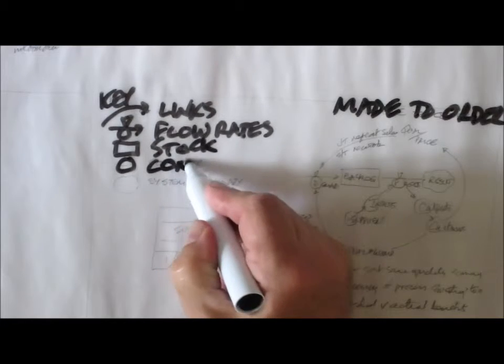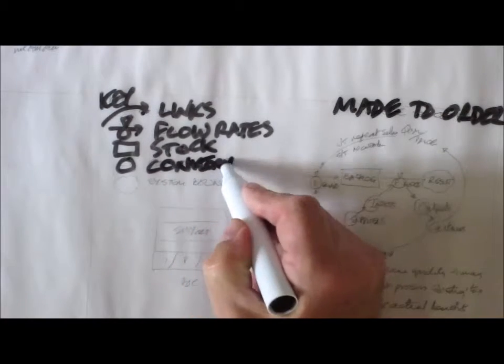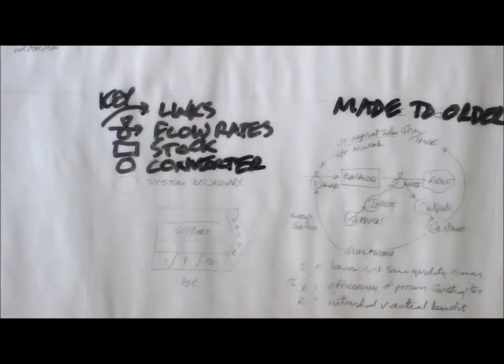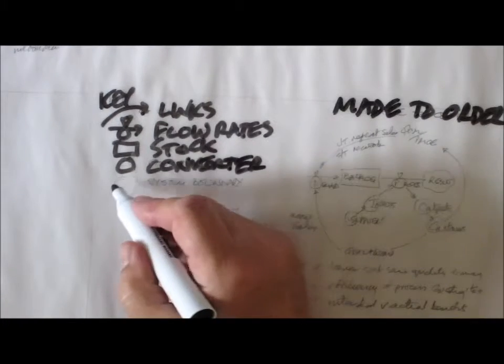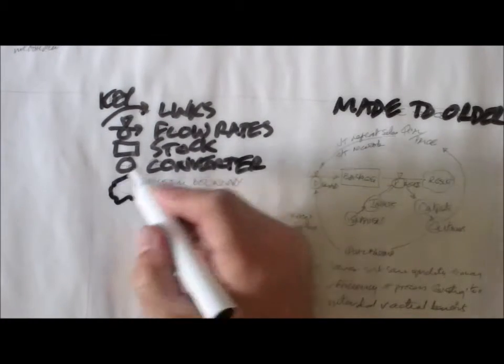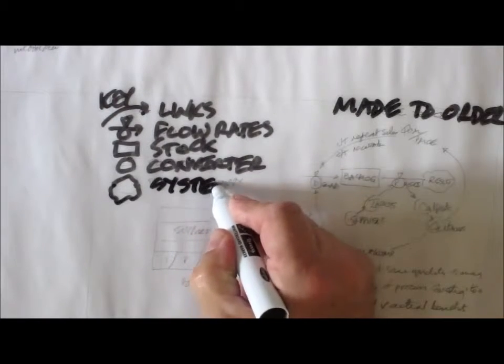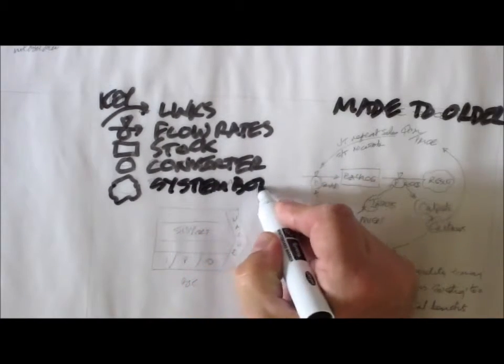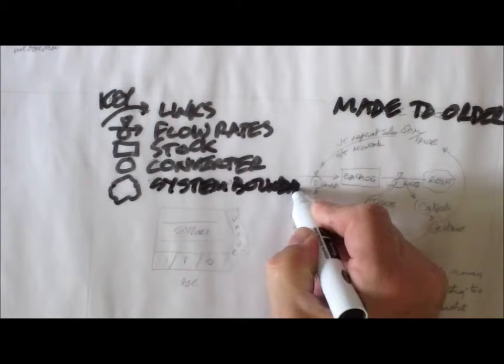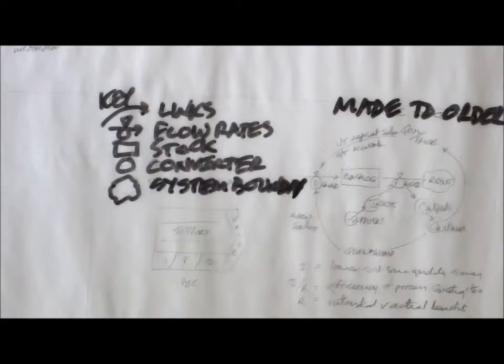These things called converters, which change the type of information we're transmitting, and these cloud-like things called system boundary. We're not interested beyond the boundary for this.